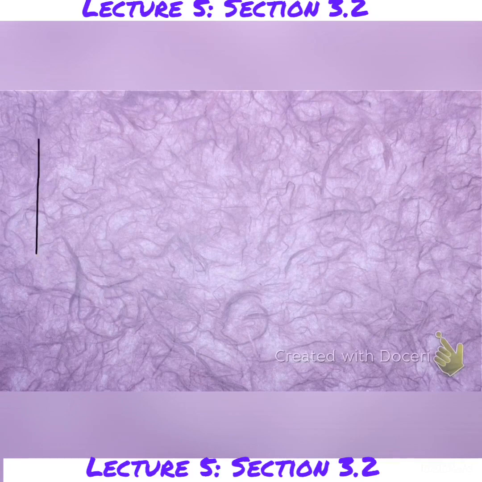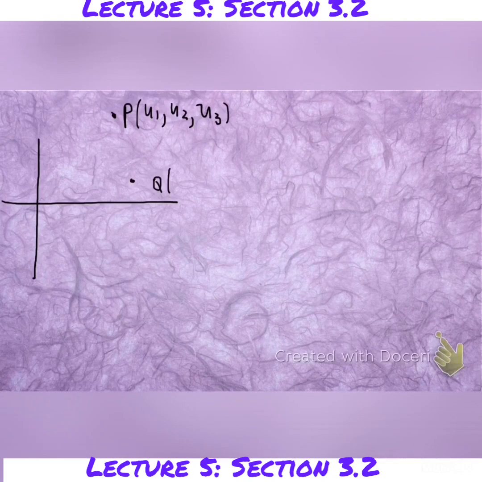So here, let's look at 2 vectors in 3 space. I'm going to denote point P by u1, u2, and u3, and the other point Q by v1, v2, v3.